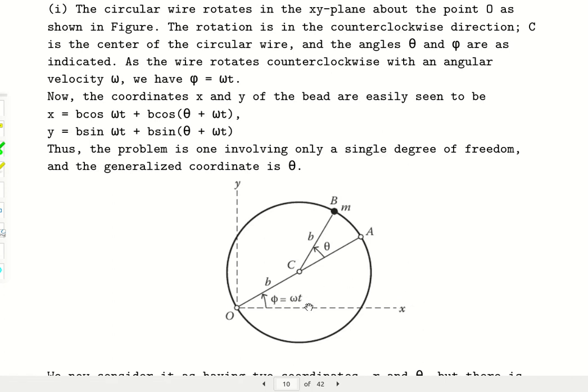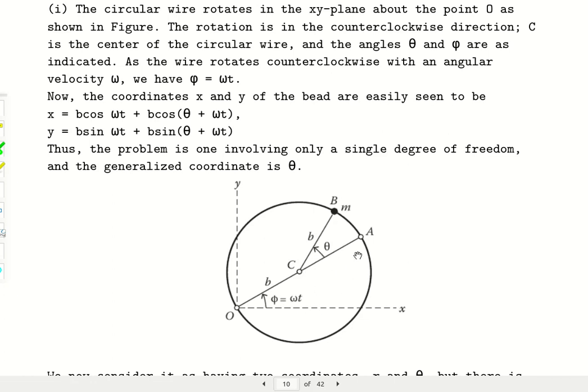So omega t is the angular displacement of the diameter OA of the wire, and theta is the angular displacement of the particle on the wire having mass m. So you can find a very easy relationship between theta and omega t. With respect to the x-axis, the rotation of m is theta plus omega t.